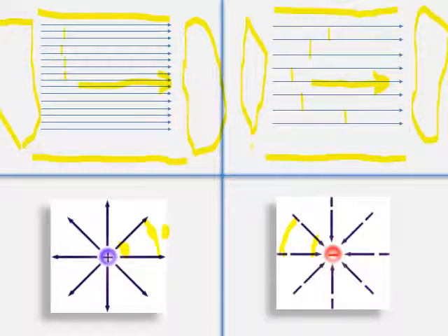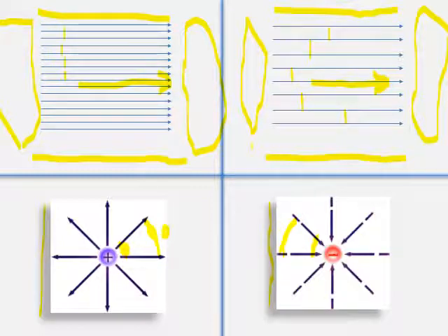So we can say that a uniform electric field, which is constant everywhere, is represented by parallel arrows, and the electric field of a positive charge or negative charge, which are point charges, is a non-uniform electric field. Why non-uniform?